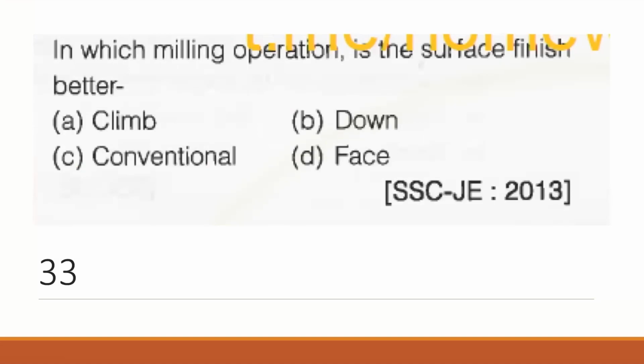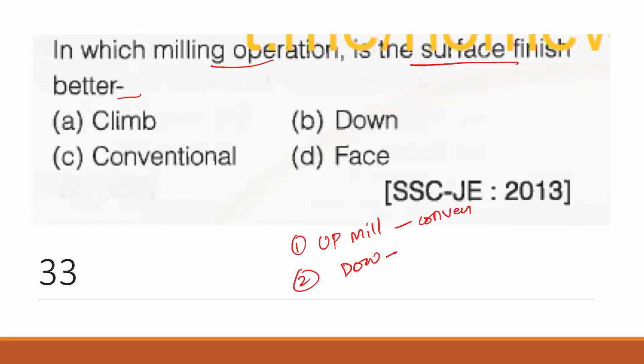Next question. In which milling operation is the surface finish better? So there are two types of milling. First is up milling, also known as conventional milling, and second is down milling. In up milling, the surface finish is not that good as compared to down milling.